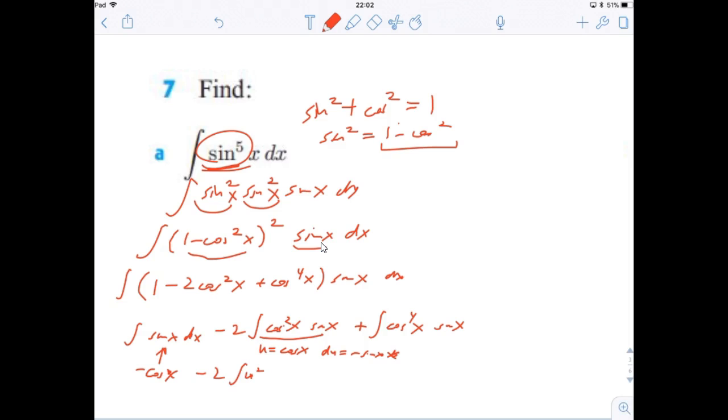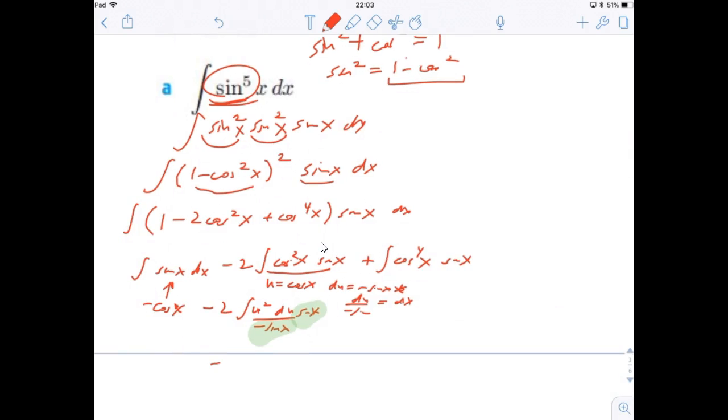I'm going to substitute dx with du divided by negative sine x. I originally had a sine x here, so the sine x's cancel, and the negatives cancel too. So I would end up with positive u squared du with a 2 in the front, right?